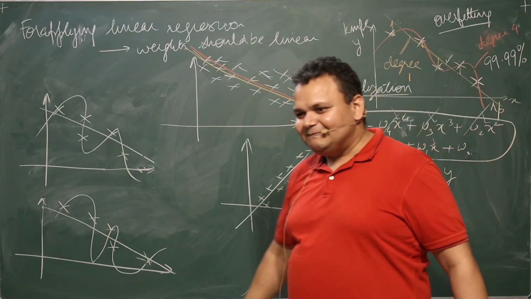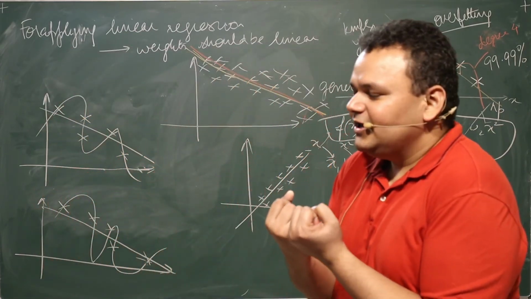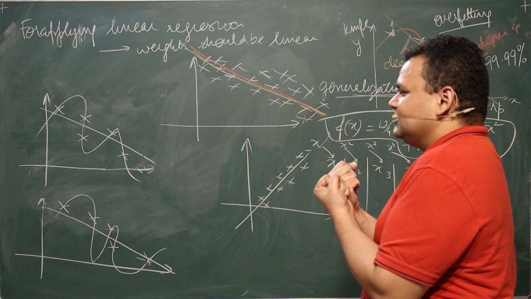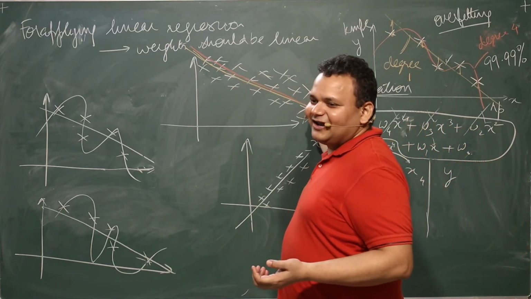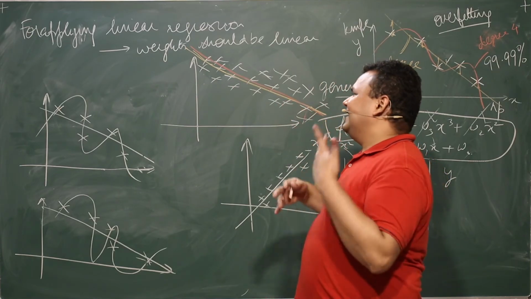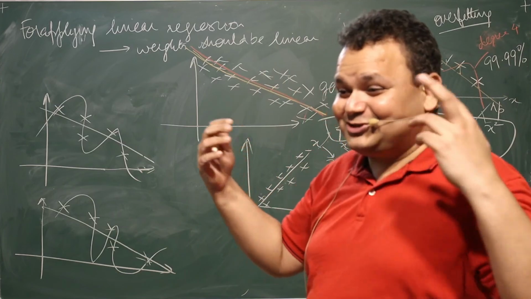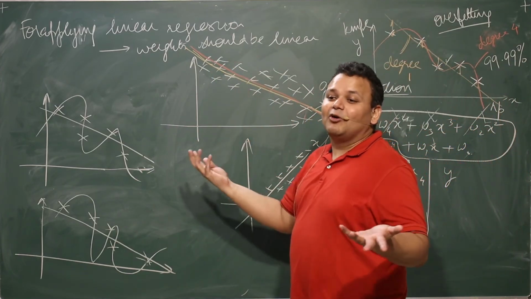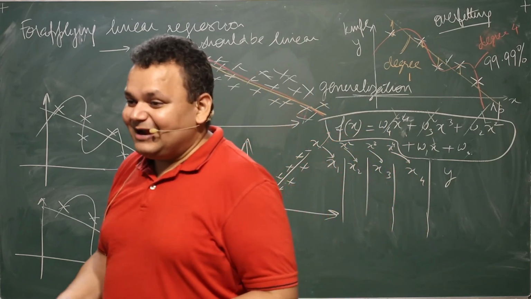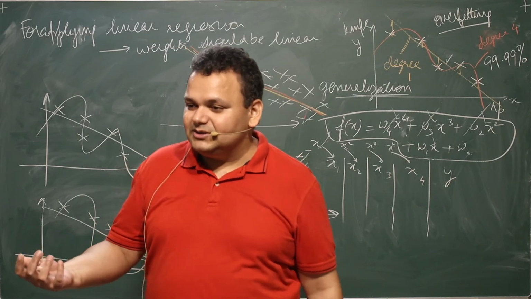So you can give your system freedom when you have lots and lots of data, and you can allow it to be as free as possible. But if you have a small amount of data, that's where you have to start applying your brain. How much freedom should I give to my model? What model should I choose? That becomes really important when the training data that you have available is small.